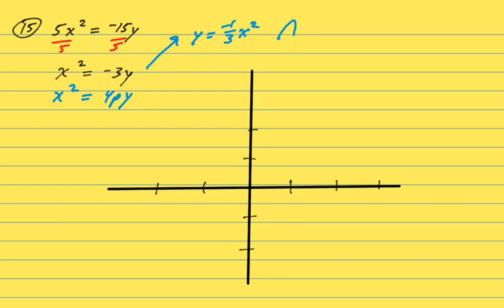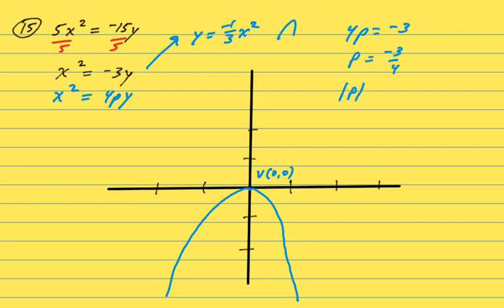Now, if this is opening downward, the vertex is at 0, 0. 4p has to equal, in this case, -3. P then would be -3/4, and the absolute value to make it a distance would be 3/4.